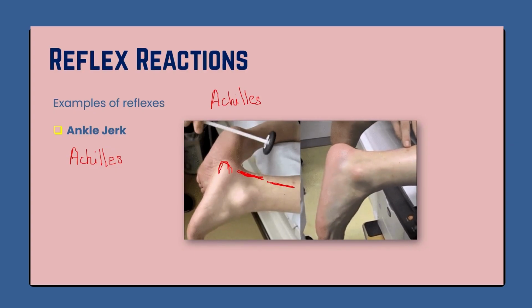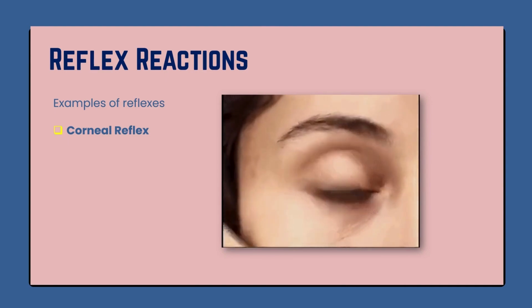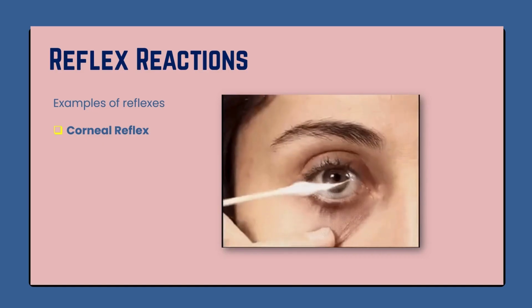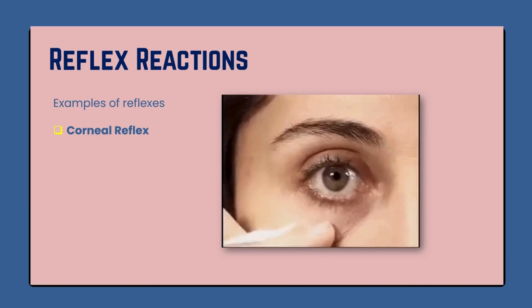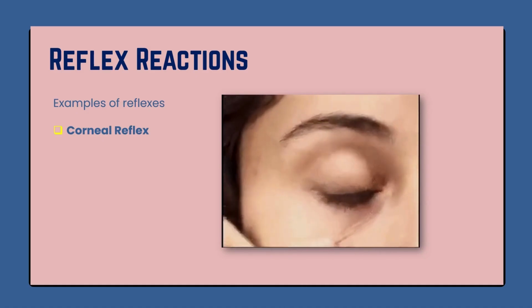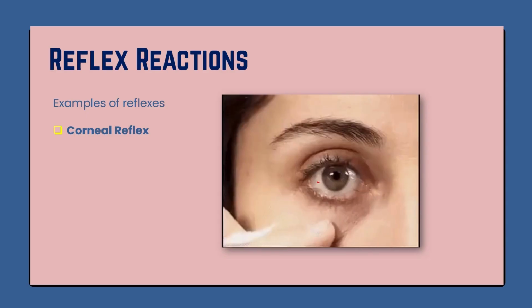Then we have corneal reflex. The cornea is a part of your eye. This is also an involuntary and automatic reflex wherein your eyes blink when something touches your eye. In the image here, this clear part of the eye is called the cornea.